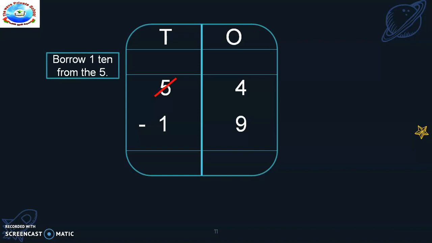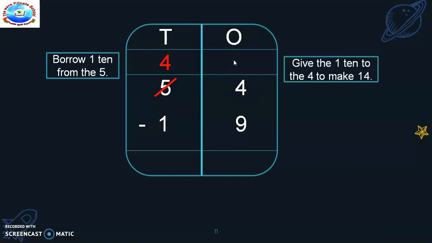Write it in the tens column. And give the 10 to the number 4, that is 10 plus 4 equals 14.